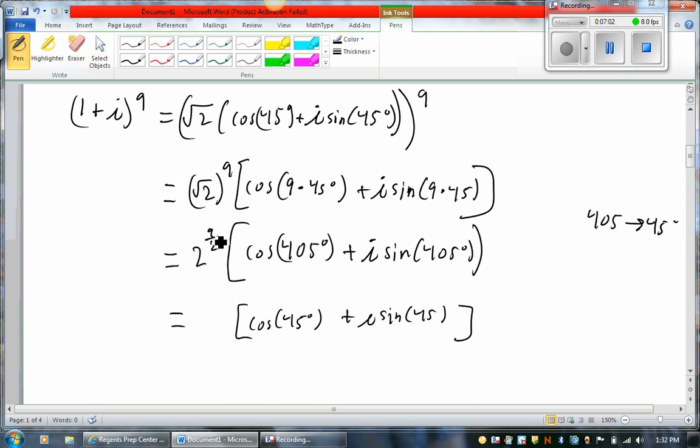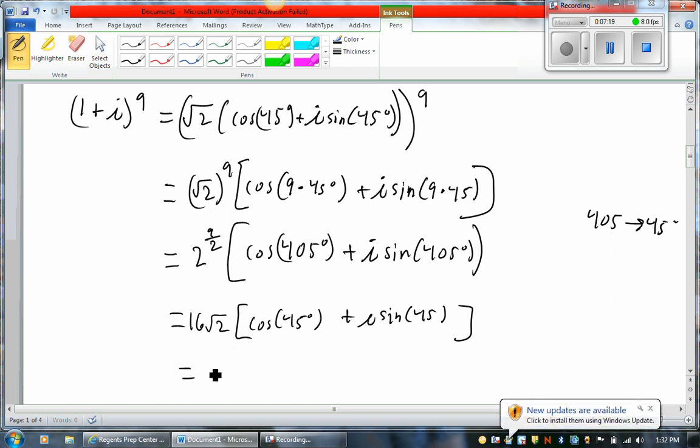And also 2 to the 9/2 power is going to simplify to 16 radical 2 when you do out the simplification of a radical.